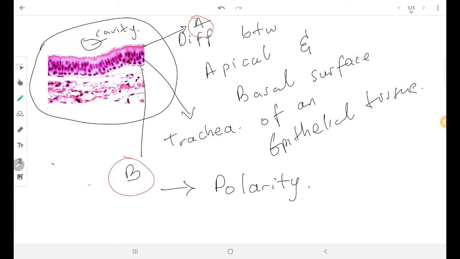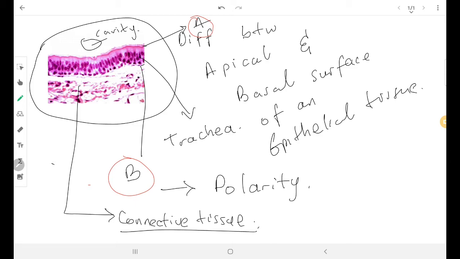However, the other part of the epithelial tissue here in question, which is B, would be attached to the underlying connective tissue here. So basal surface connected to underlying connective tissue.